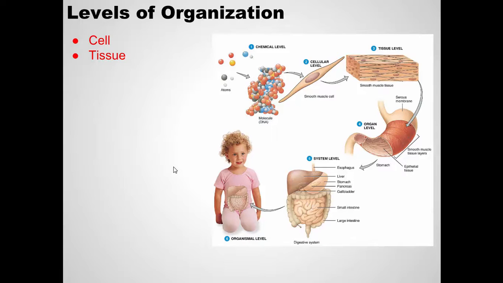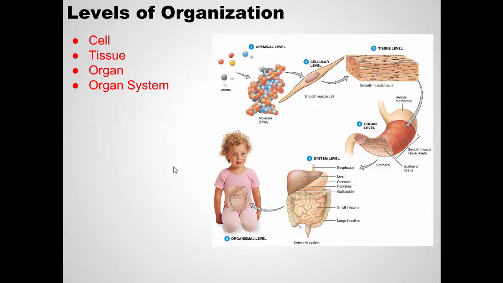For complex organisms, tissues work together, various types of tissues, to form an organ, like the stomach. The stomach is made of muscle tissue, also epithelial tissue, combined in a certain structure to form an organ. Organs combine and work together to form a full organ system, like the digestive system or the circulatory system.